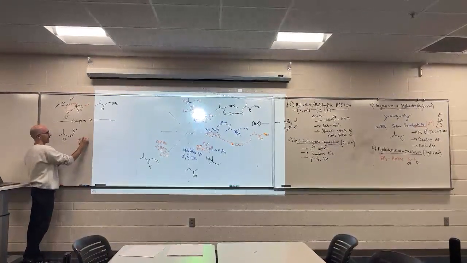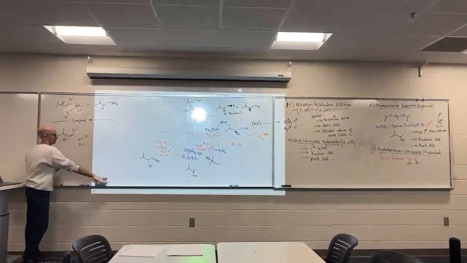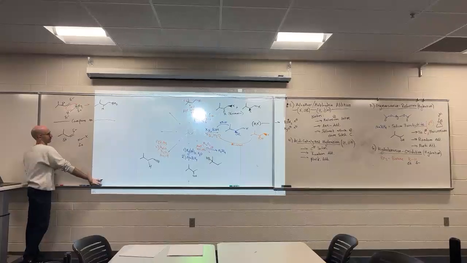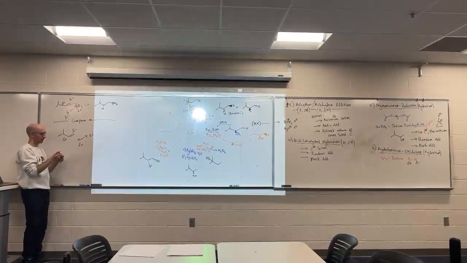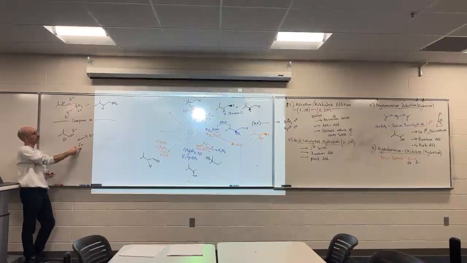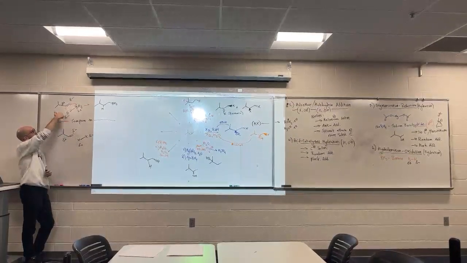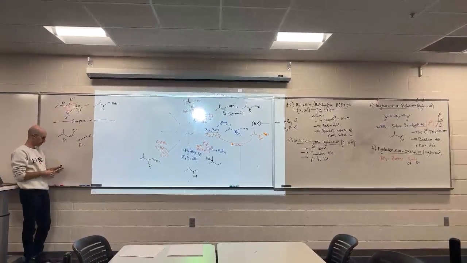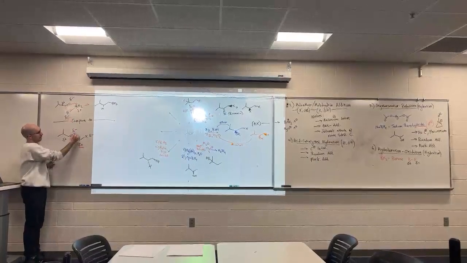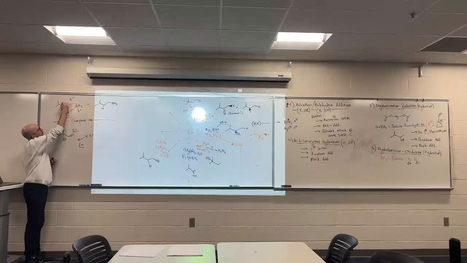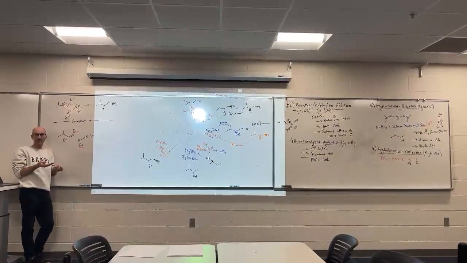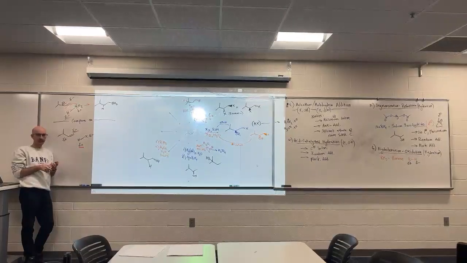Compare that to one of our HX addition reactions, where the partial negative of the carbon is attracted to the partial positive of the hydrogen. Now we've got this flip. It's the partial charge of hydrogen that is impacting the regiochemistry of these reactions.